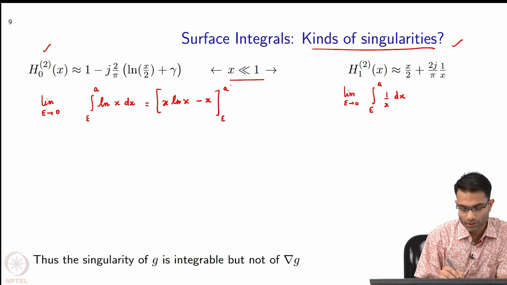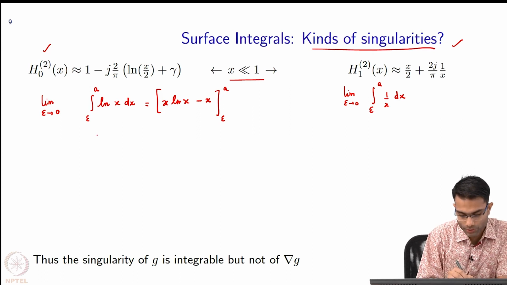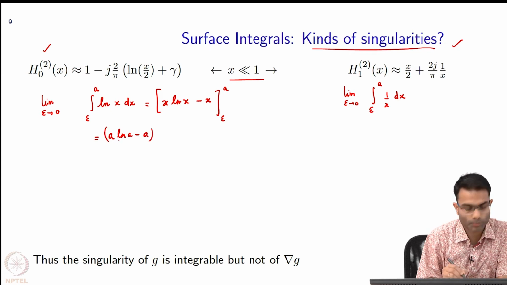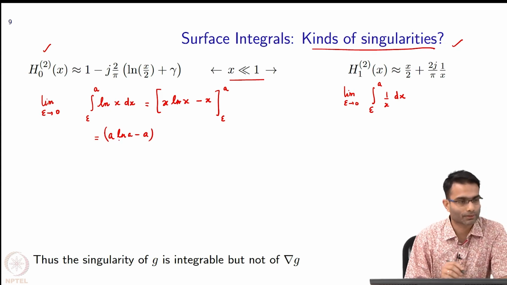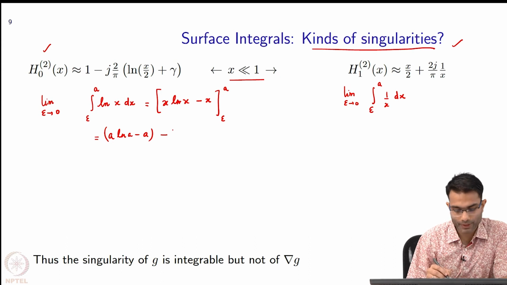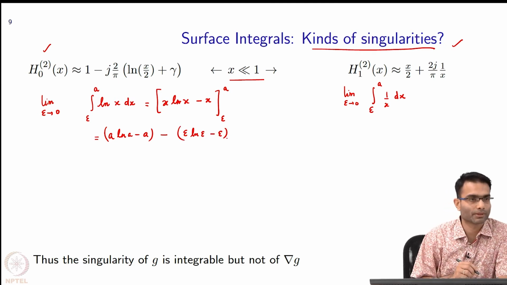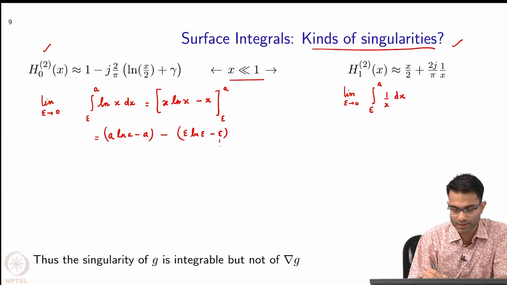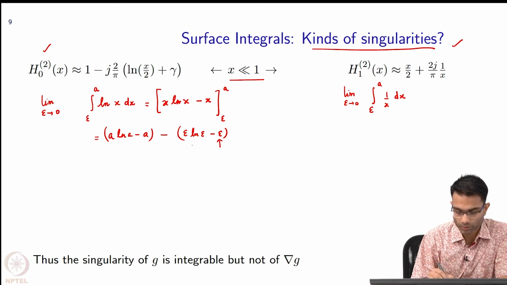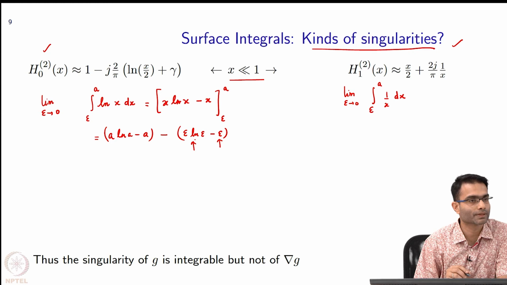So, this is going to give me a log a minus a, no problem with this because a is some finite number, and then I have to evaluate epsilon log epsilon minus epsilon. That is the term I want to evaluate. So, epsilon tending to 0, this guy there is no problem. What about this guy? How do I evaluate this?